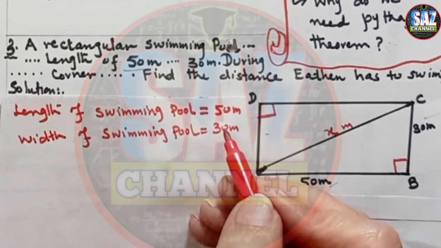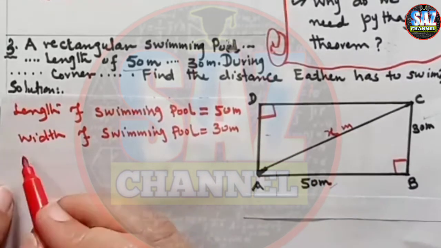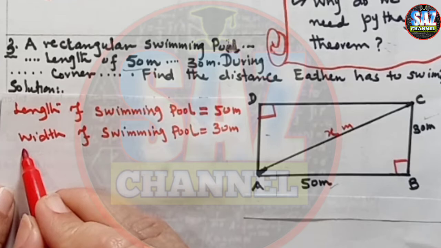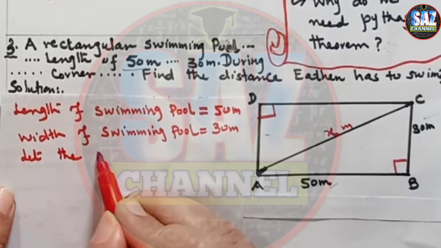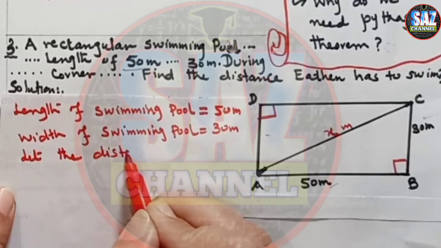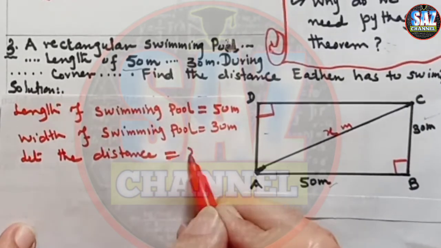Then for the supposition, let the distance he has to swim equal x.